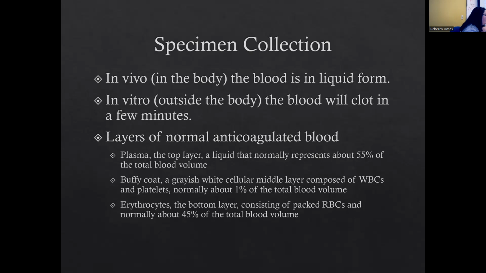If it does not contain an anticoagulant in the tube, when you spin the blood down and have the liquid portion at the top, it is called serum. Does that make sense? So if you use an anticoagulant, it's plasma. If you do not use an anticoagulant, it is serum.